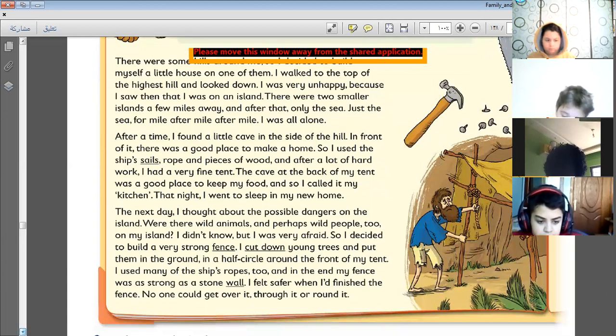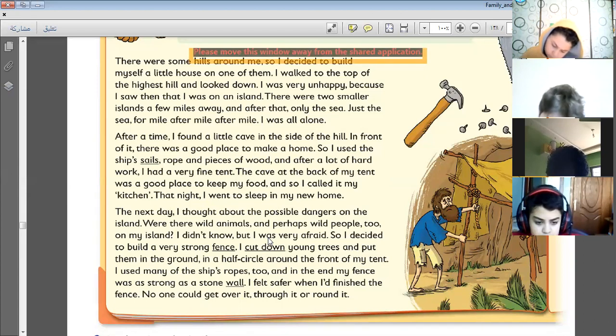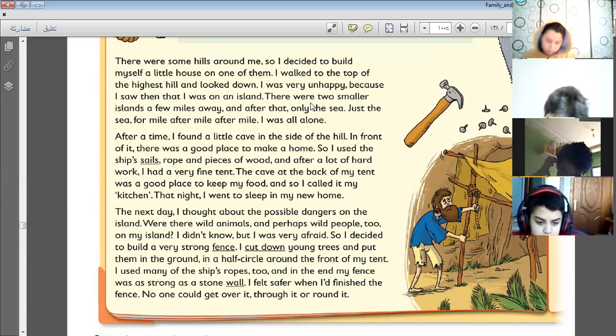Now, paragraph number 3. The next day, I thought about the possible dangers on the island. Were there wild animals and perhaps wild people too on my island? I didn't know, but I was very afraid. I was very afraid. In line number 20. So I decided to build a very strong fence.